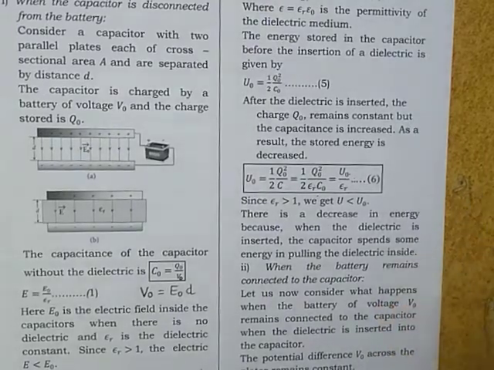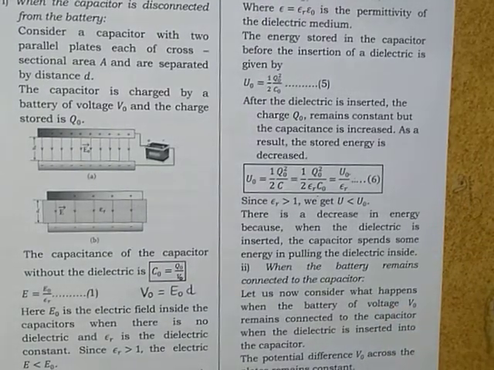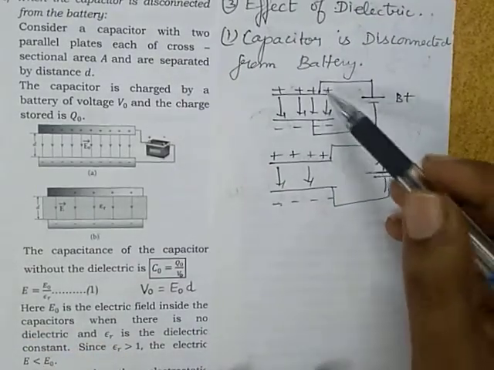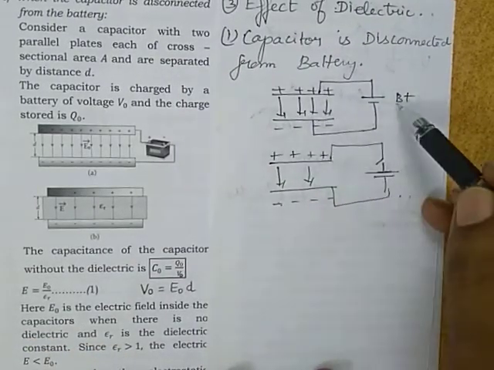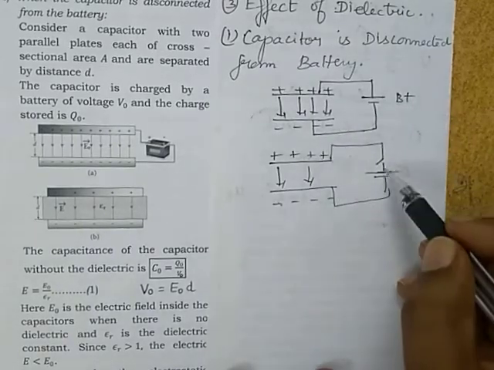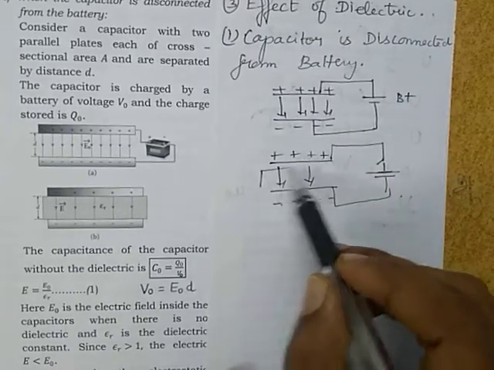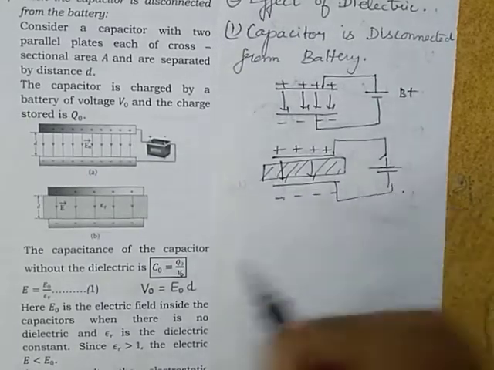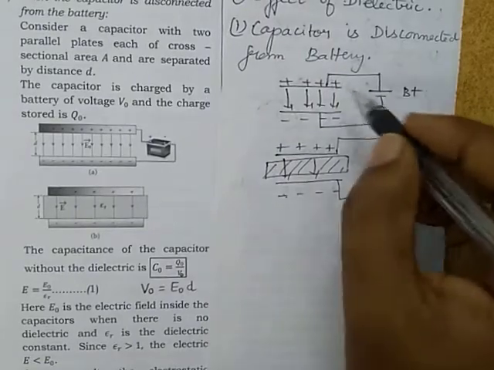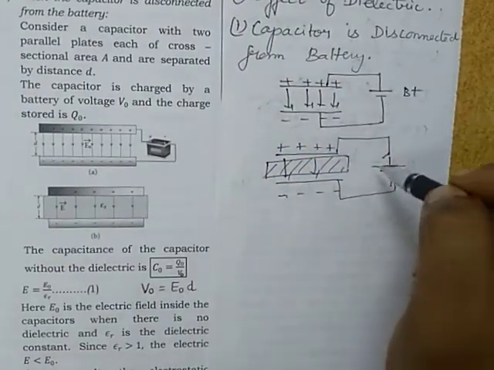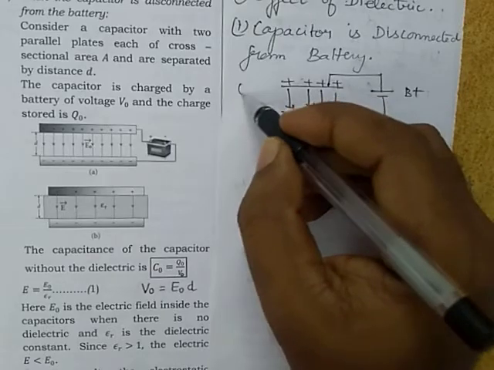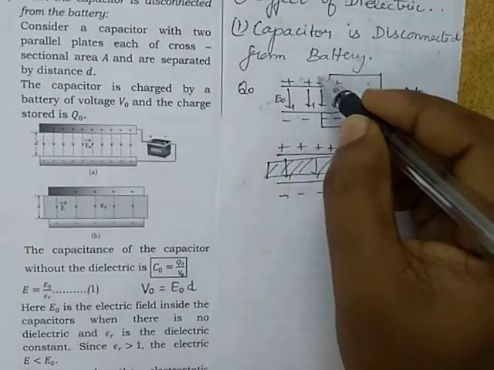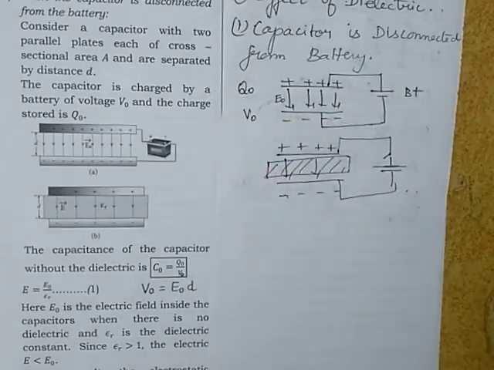Let me see what things are needed to answer the questions. First of all, we need to draw a capacitor circuit that is connected with a battery. After that, we break it. Then we insert the dielectric medium. Here, before the dielectric is placed, the charge in the capacitor will be Q0, the electric field is E0, and the potential difference across the capacitor is V0.